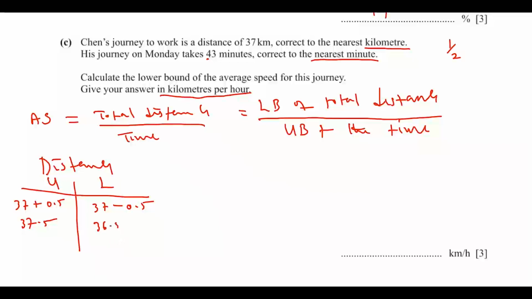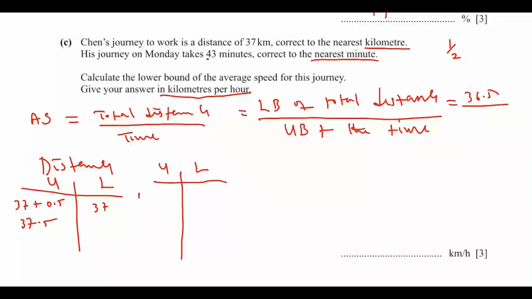Of course we need the lower bound, so that means it is 36.5 here from the formula. So let me write it there, over. Then I have to get the upper bound of the time. For time, we can do the same thing. The time will be 43 minutes. The upper bound will be here, the lower bound will be here.